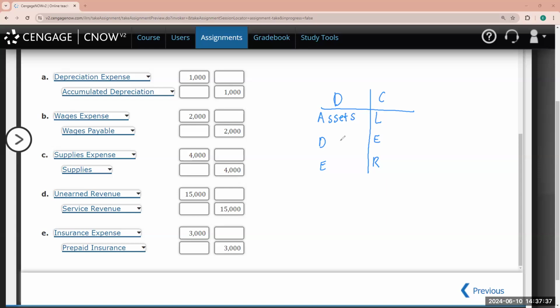So just a quick recap, our assets, our dividends, and our expenses are always increased on the left side, the debit side. So therefore, if we need to show a decrease to these accounts, much like in this example, we needed to decrease the balance in our prepaid insurance. So therefore, we must credit it.